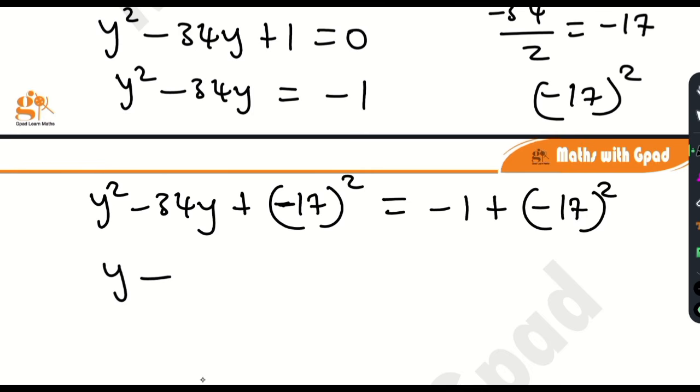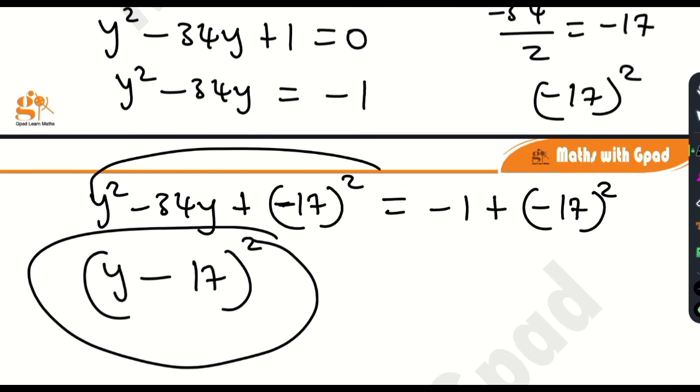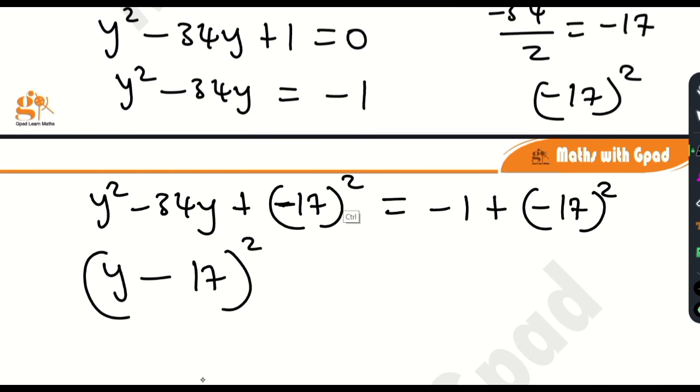It doesn't matter, because if you square negative 17, you have a positive number. So just pick this 17, wrap everything in bracket, and put a square like this. If you expand this, you are going to get this. So this is how easy this is. Pick the first term, the leading coefficient, and the constant term. Just wrap them in a bracket and put a square there. That's it, as I've done.